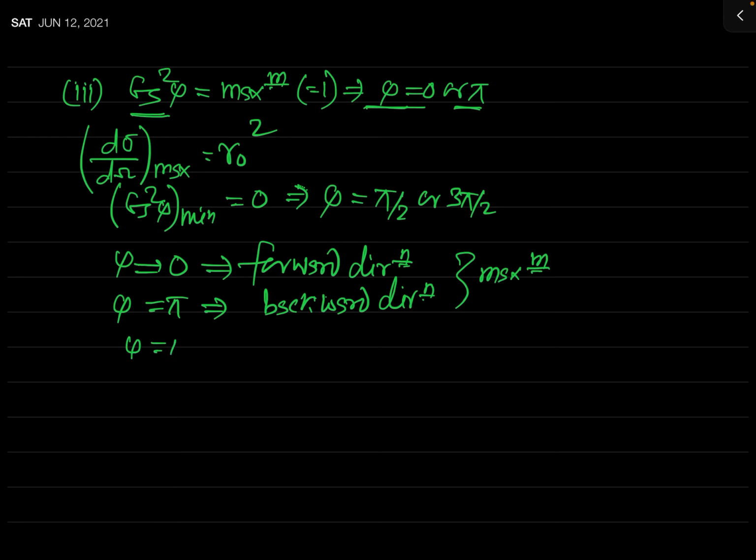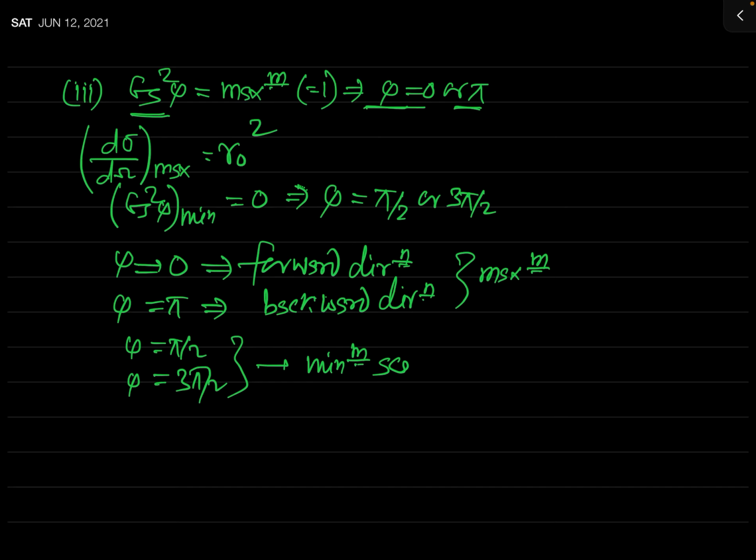And phi equal to pi by 2 and phi equal to 3 pi by 2, in these two directions, actually scattering will be minimum.